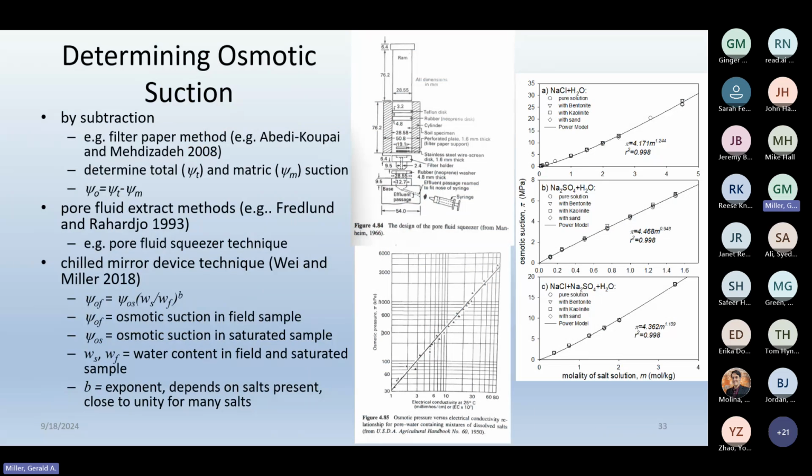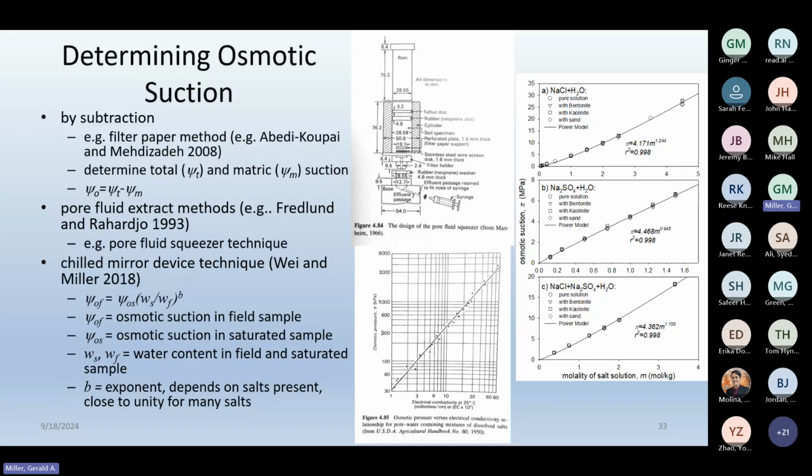Okay, so what about the osmotic suction? There are ways you can measure or estimate this. One way would be to use the filter paper method, contact and non-contact, and take the difference between the total and the matrix, and that will give you the osmotic component.